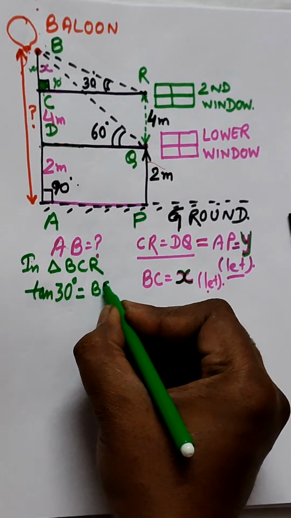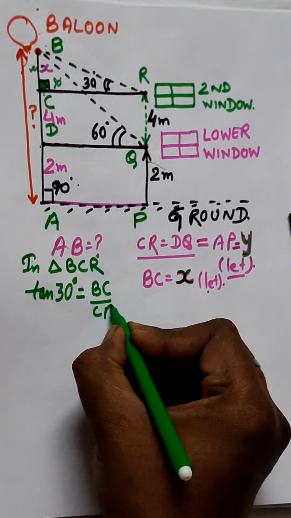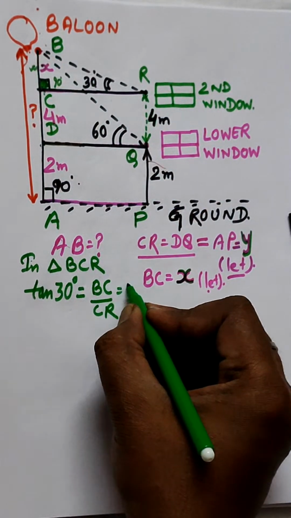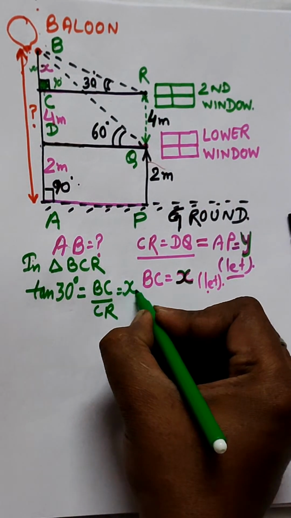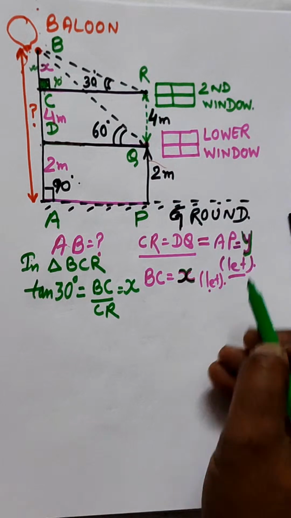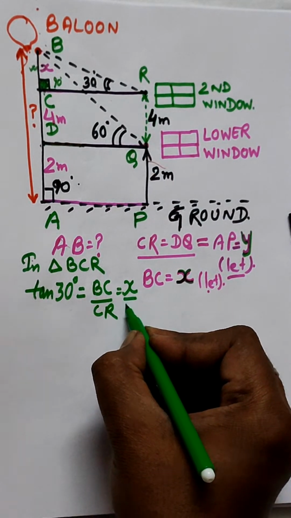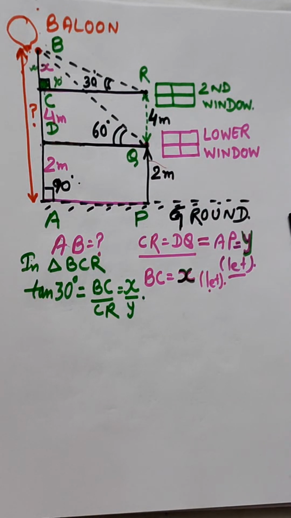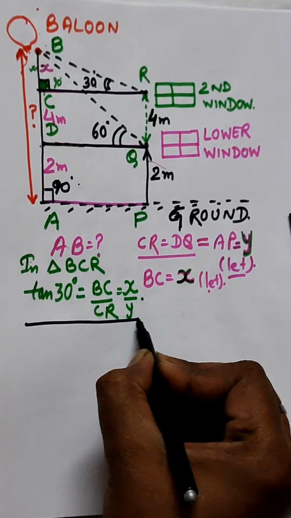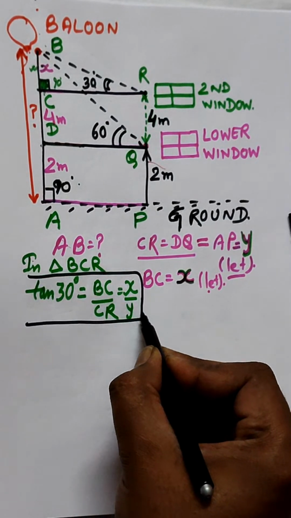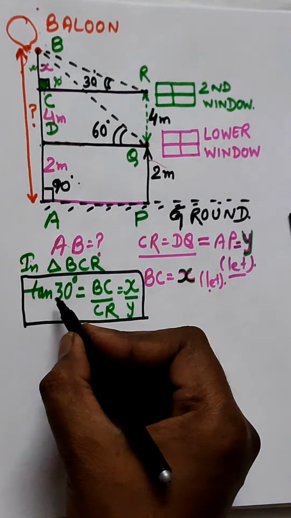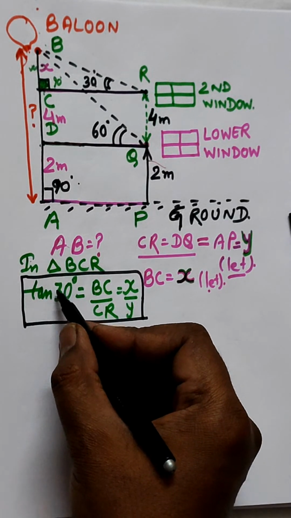BC we have considered as X, and CR you can see is Y. So tan 30 is X by Y. This is one of the relations which we have derived, a relation between X and Y. Since we know the value of tan 30, it's 1 by root 3.